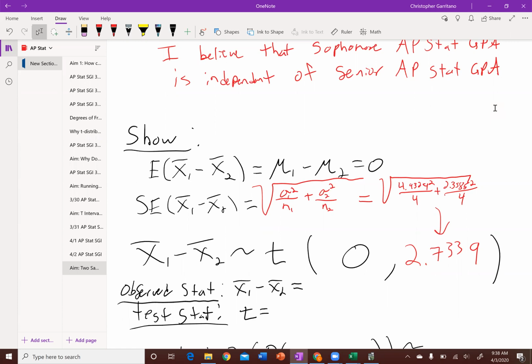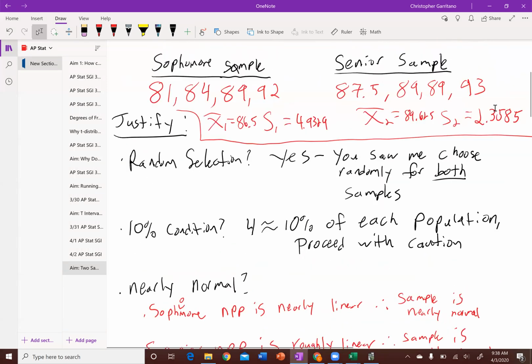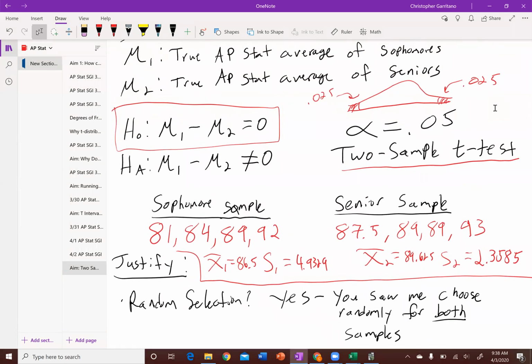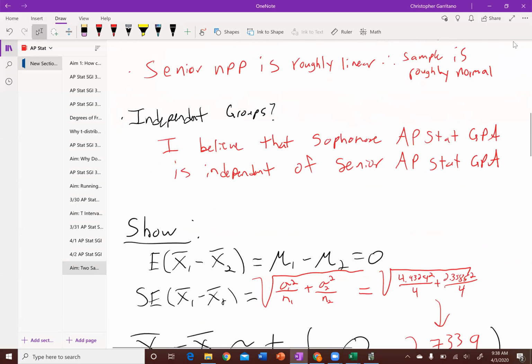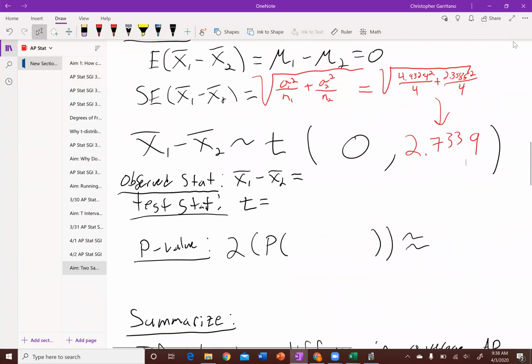So our observed difference, x bar 1 minus x bar 2, and I'm doing it in that order. So it's okay to get a negative number, which is what is going to happen in this case. So I got negative 3.125 as my observed stat.